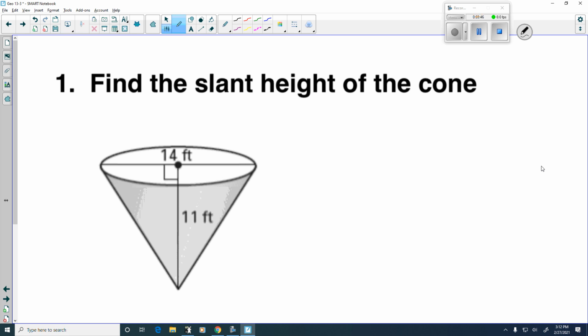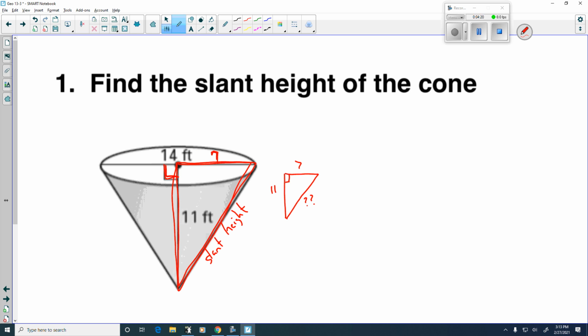So on the cone, I'm going to look at this triangle. And that's a right triangle because the altitude always makes a right angle with the base. Now, if that long part across there is 14, this distance is going to be 7. And so I end up with essentially a triangle that looks like this, where this distance is 7, this distance is 11, and this distance is the one I don't know. This is the slant height.